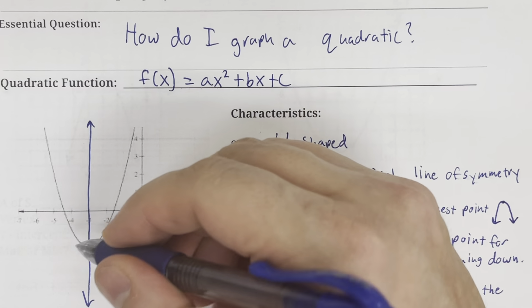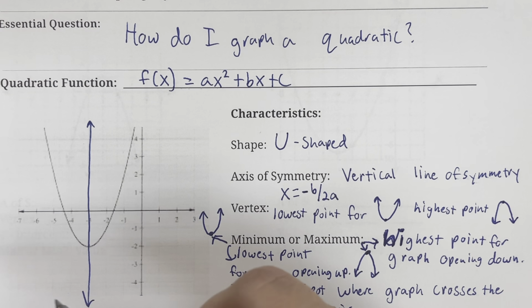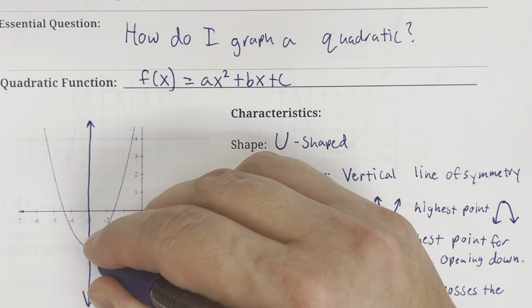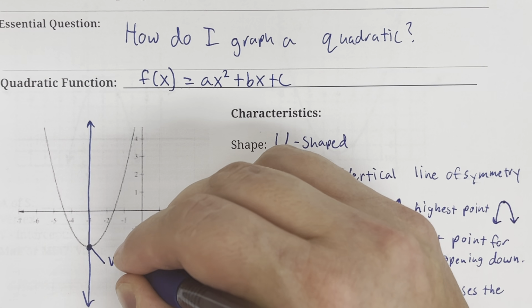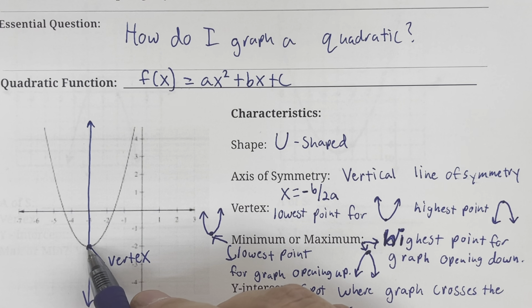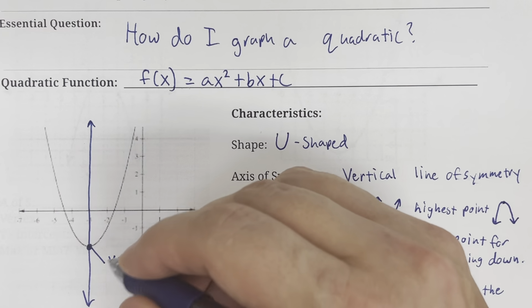The vertex is the highest point or the lowest point. In this case, it's going to be the lowest point because our graph is going up. So this point right here, that is the vertex, just like we saw on the front. That's also, in this case, a minimum value because the minimum value of the function y is right here. So that's a minimum.